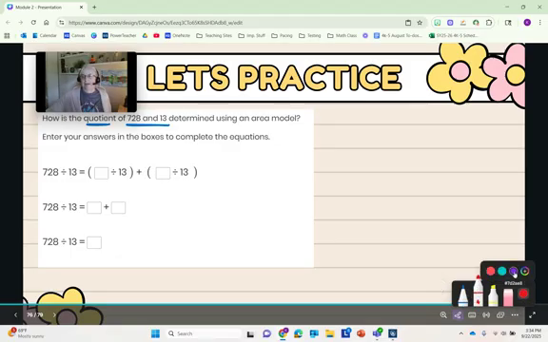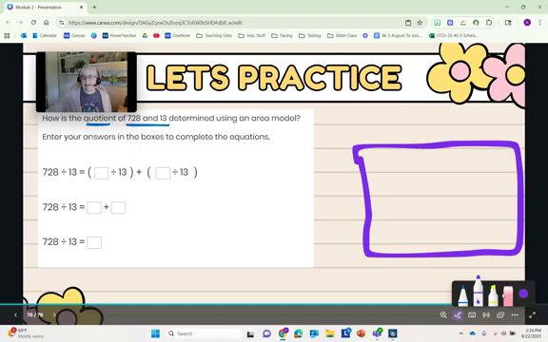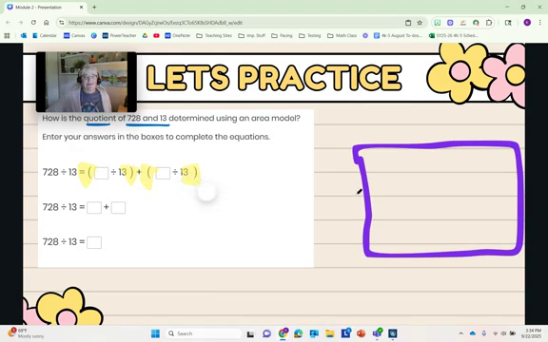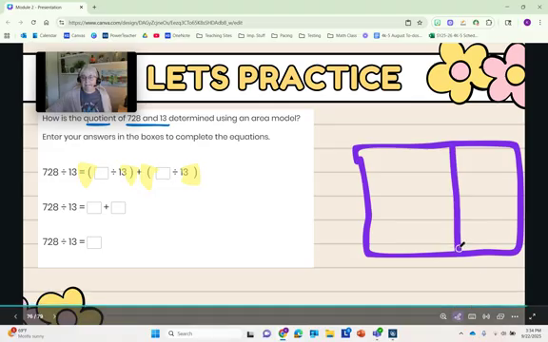All right, I'm going to make an area model here. And we know that because I have two sets of parentheses, I have a parenthesis here and another parenthesis here. That tells me I'm going to need two boxes for this area model.